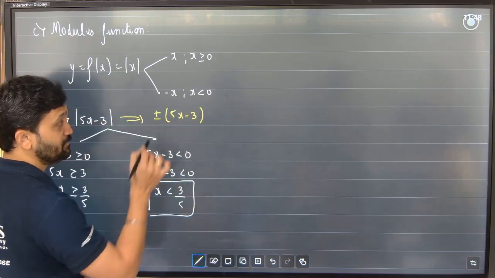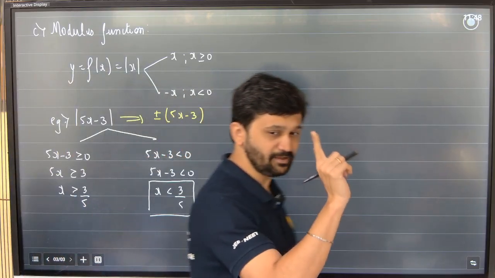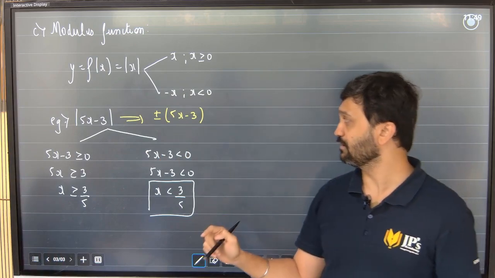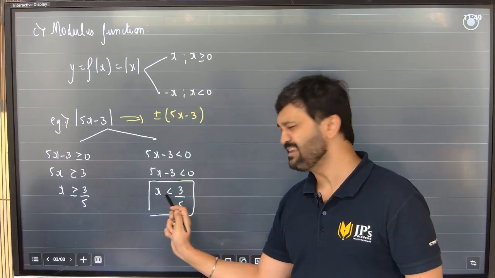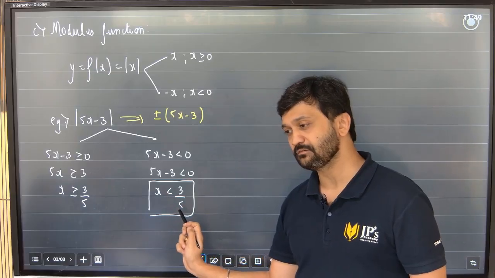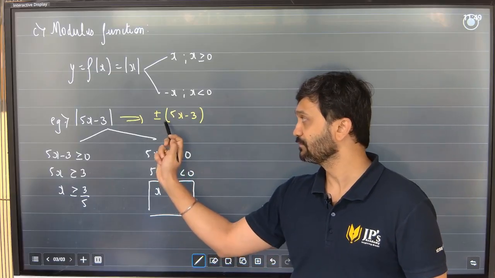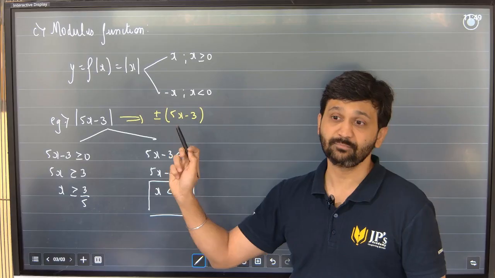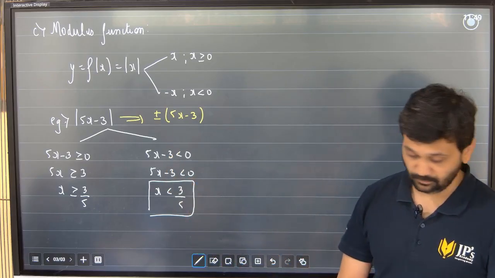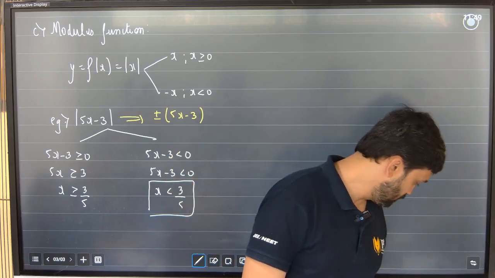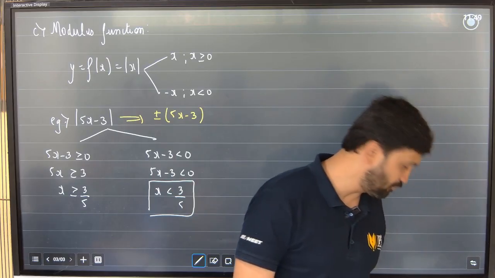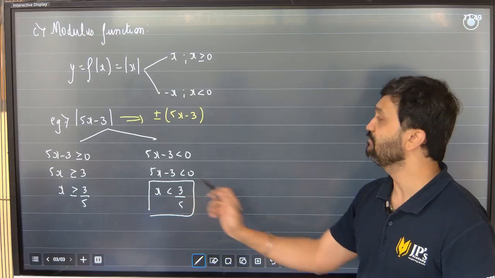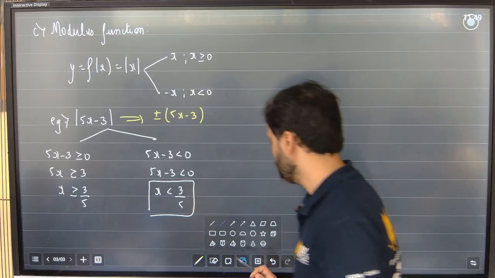Now if someone tells me I can't use both, I have to use only one value, either positive or negative. So if I use any value of x less than 3 by 5, my answer will be negative. But if I use any value of x greater than 3 by 5, my answer will be positive. So whether you should write positive or negative in place of x depends on the values of x that we are going to substitute.